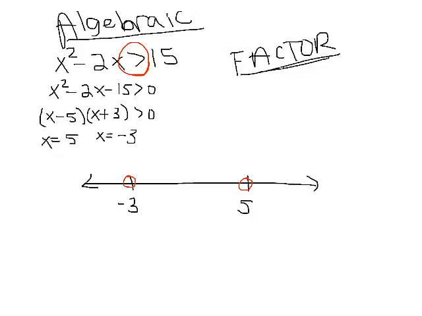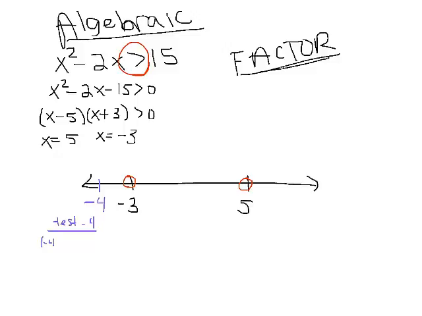In order to decide which x values are true in this situation, we need to do a few test points. So we're going to test some points to the left, in the middle, and to the right. If we test a point to the left, like negative 4, we're going to go back up to my original inequality.